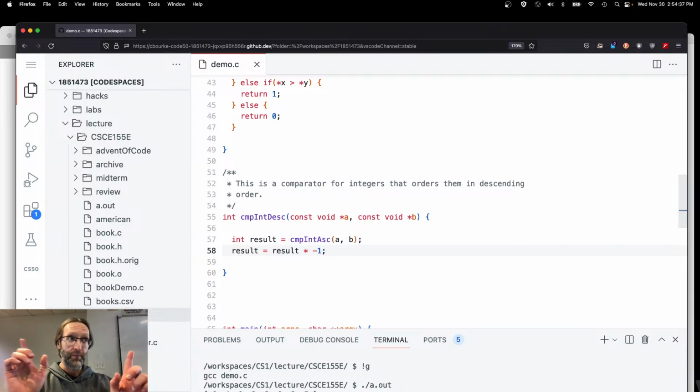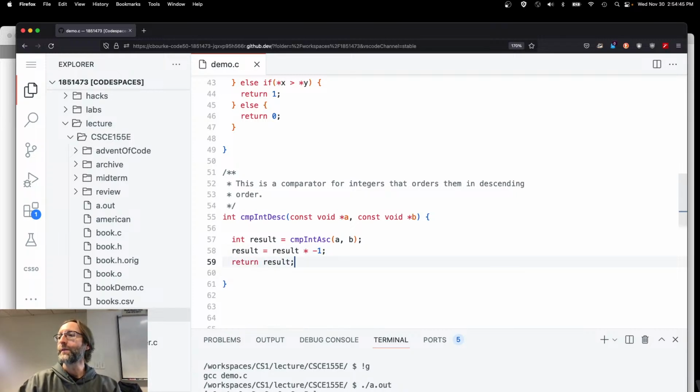Right? -1s become +1s. +1s become -1s. What about 0? Stays the same, right? And then return the result. So I cut maybe a dozen lines of code here down to 3. Can we go further? Can I cut those 3 lines down to 1? -1 times that. There we go.